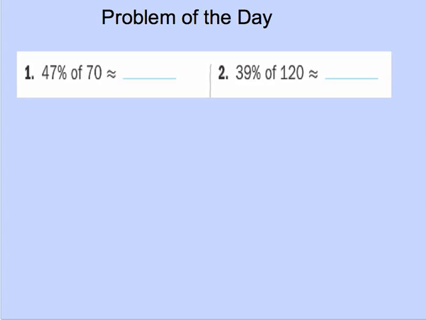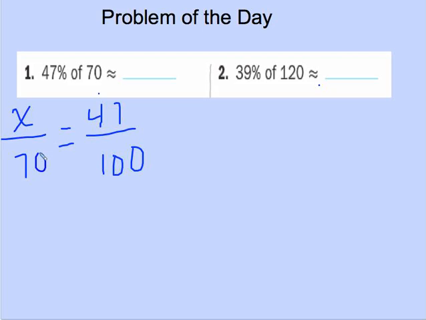But if we look at 47% of 70, and I won't help you with the second one, that means that I am looking for a part of 70. So I know my 47 is out of 100, and I'm looking for a part of 70. Okay? You're going to use the same method for number 2. So good luck, and I will see you tomorrow.